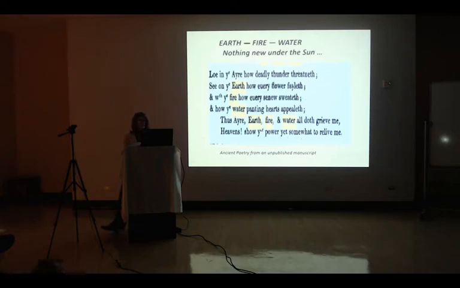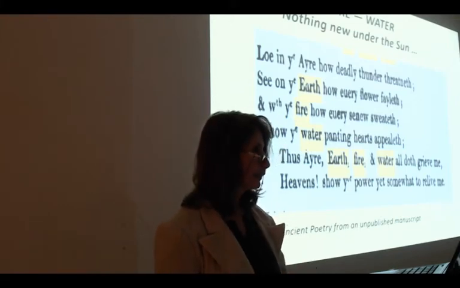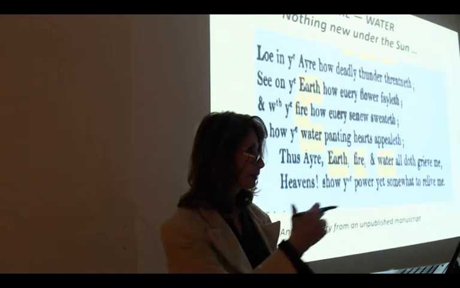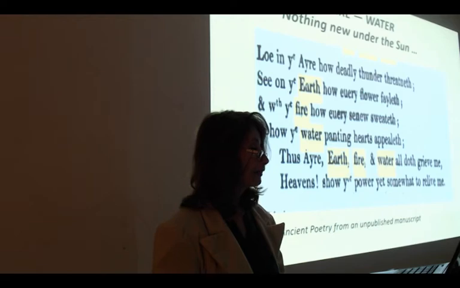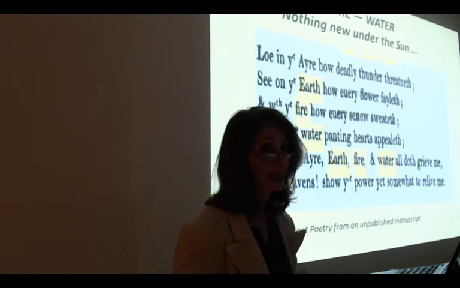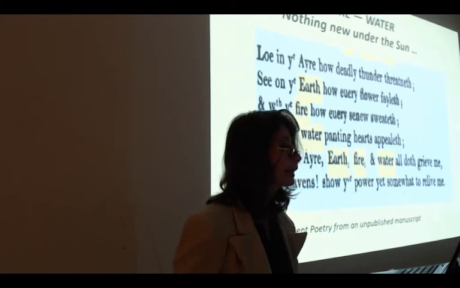And you know, there is so much in all of this about earth and fire and water and the natural elements. Jeremy had asked if there was a way that this could be translated to poetry. And I found a very old poem, which I have no idea who wrote it, but it was from an unpublished manuscript.